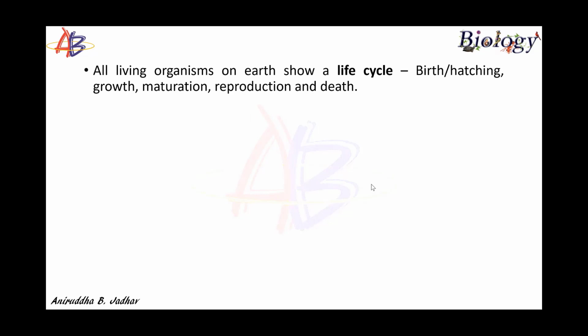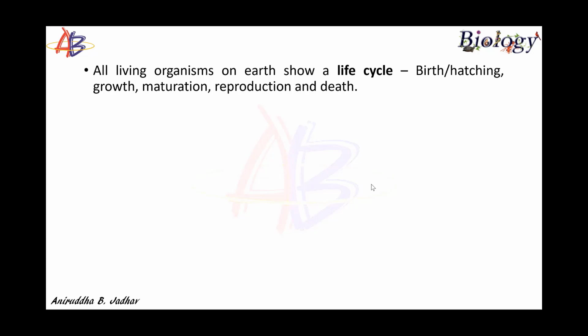So we know that every living organism on earth remains alive for a limited period of time. They grow old and then ultimately they die. Very harsh reality, right? In spite of this harsh reality, a huge number of plant and animal species have existed on earth for several thousand years.